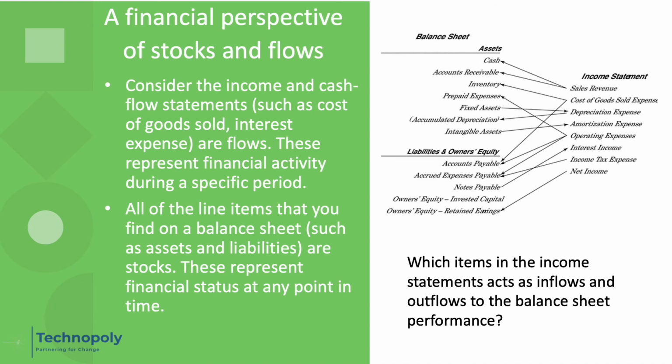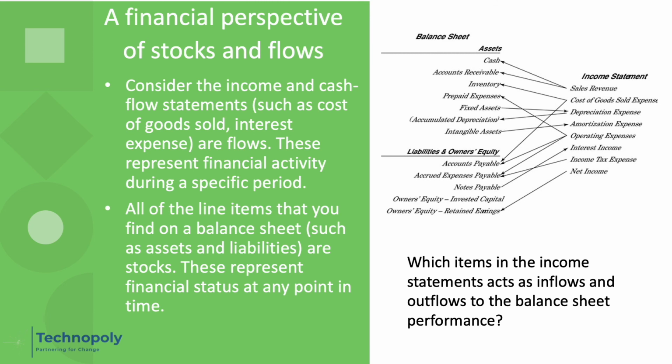As a final illustration, we can also associate the concept of stocks and flows from a financial perspective. Consider the income and cash flow statements that we have in our organization. Income and cash flow statements, which contain cost of goods sold, expenses, etc., are considered to be flows.